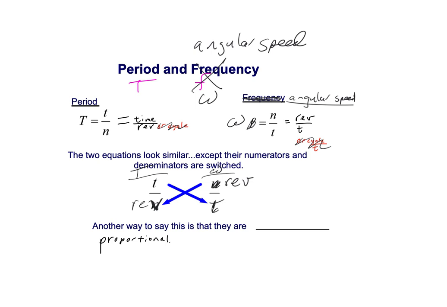These two, period and angular speed, are therefore inversely proportional. If you increase the period, something with a big period has a low angular speed. Something with a small period has a big angular speed. So angular speed and period are inversely proportional.